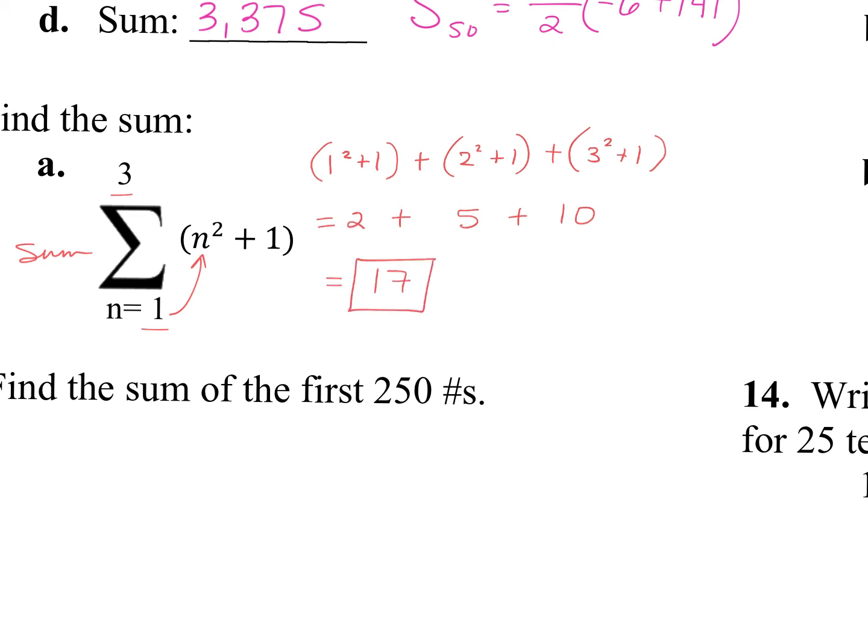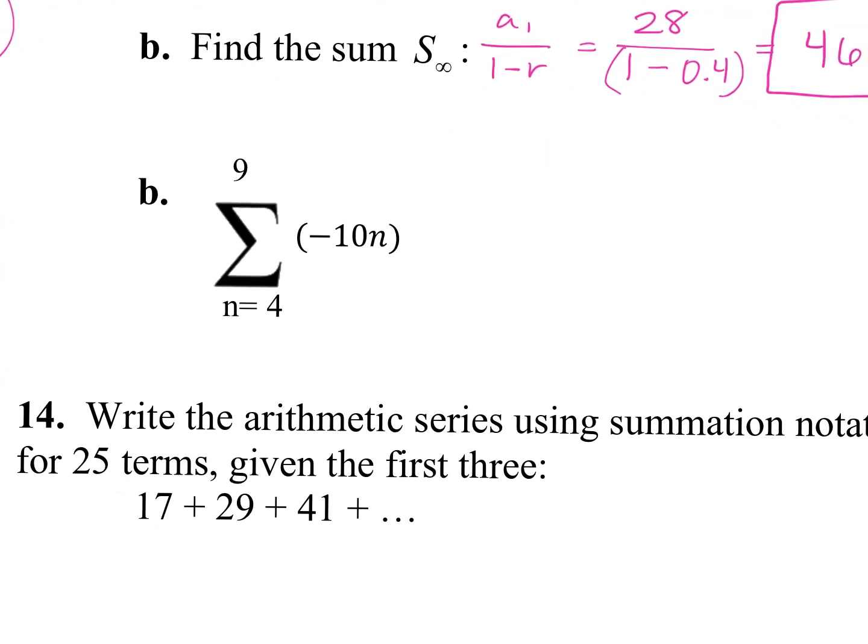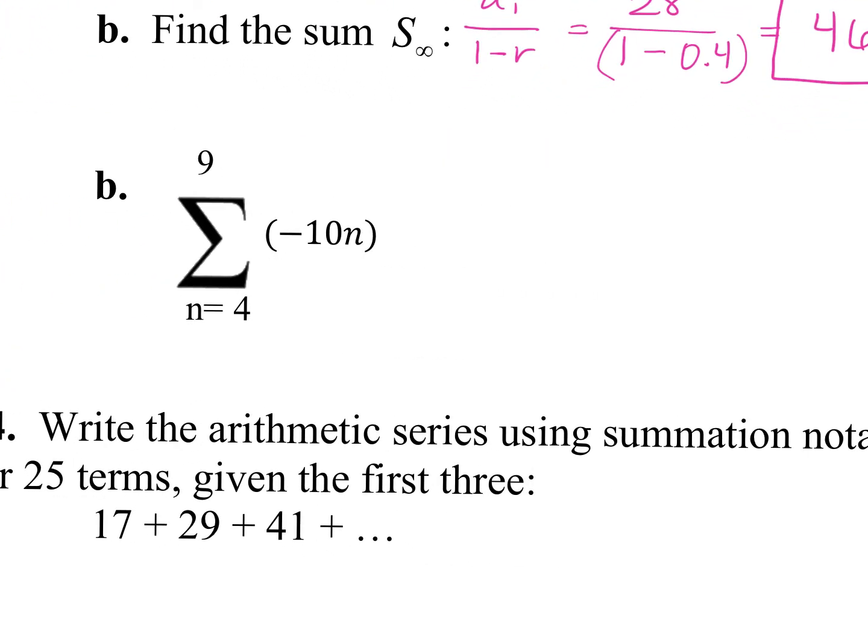Letter B here. Technically you could just plug these into your calculator as well, but I'm going to show you the fancier way because it's good for you. This one starts at term number 4 and goes to term number 9. The fourth term is if I plug in a 4, so negative 10 times 4.